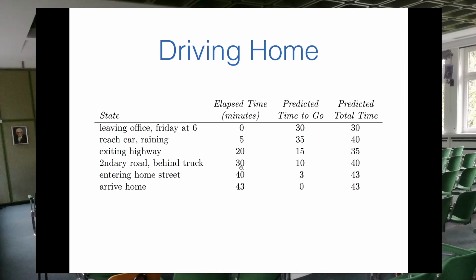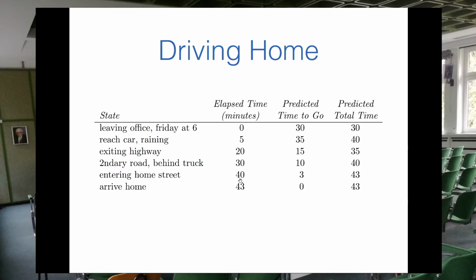Then 30 minutes after leaving the office, you are now on a secondary road, but you are behind a truck. At that moment you predict that you will need 10 more minutes, for a total of 40 minutes to go home.